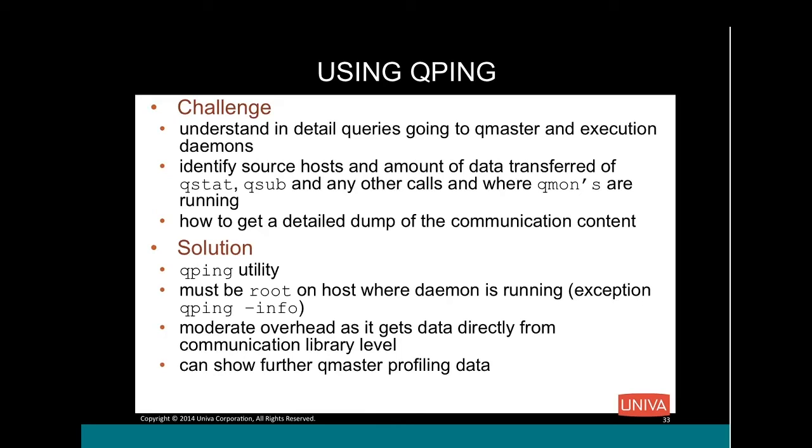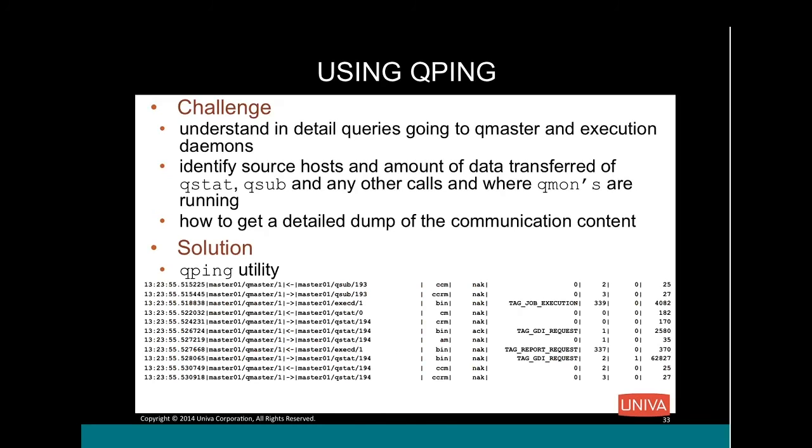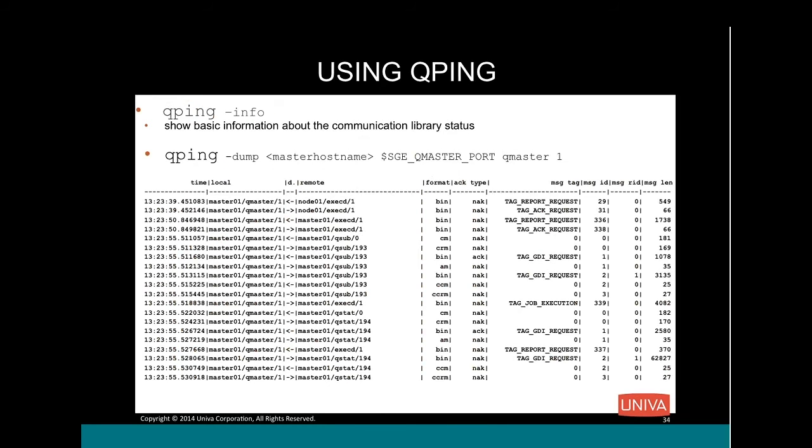If you do qping -info, you'll get some basic information about the communication library status. If you do a qping -dump and give it the master host name, where the qmaster is running, which port it's running on, and then the parameters qmaster 1, it spits out more information about the status of the overall communication library and what is connected to the master.